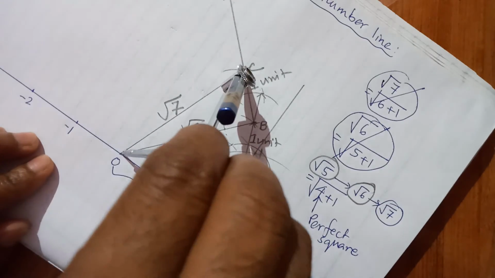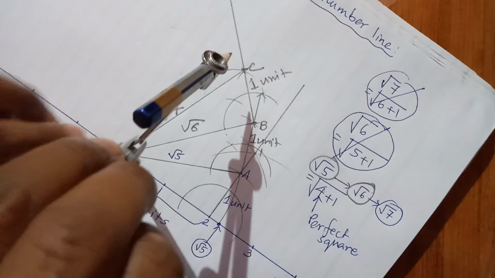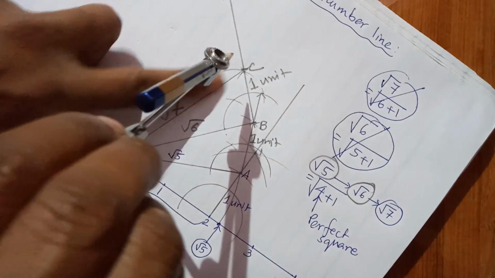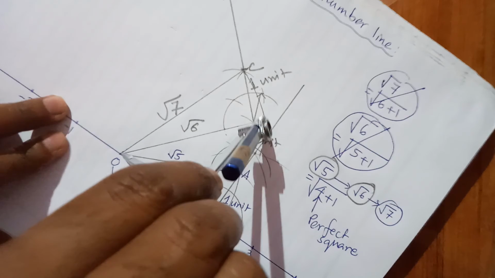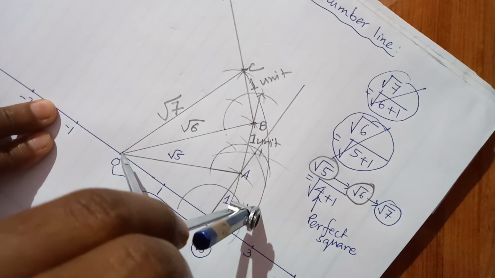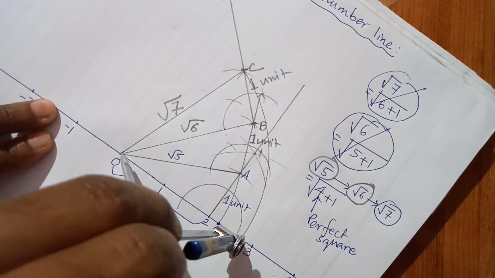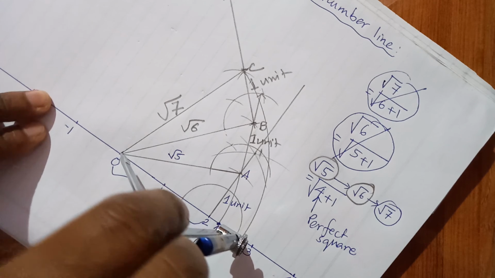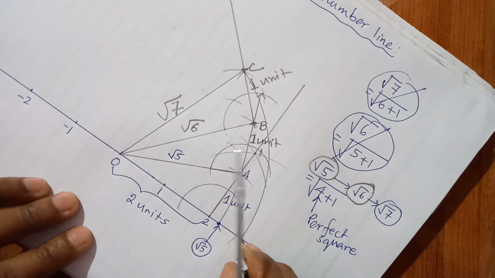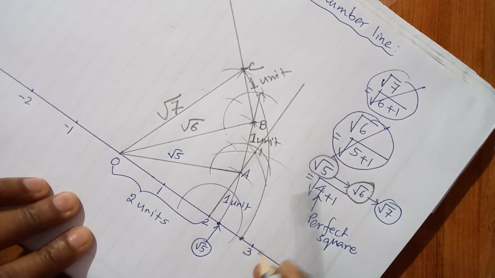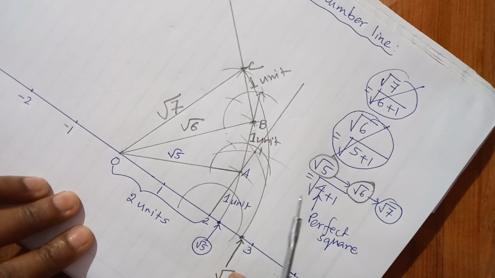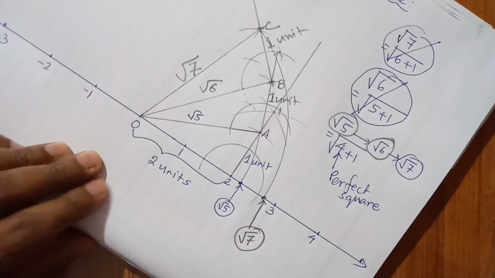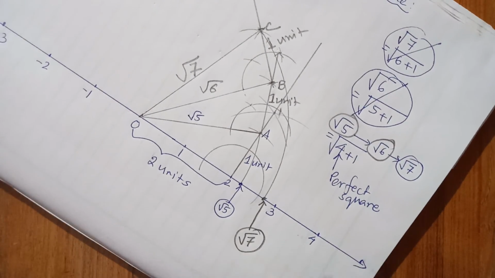So I am adjusting this compass with this hypotenuse OC, which is √7. Now I will draw one arc here. The arc must intersect the number line at some point. Where it is intersecting, that point will represent your √7.